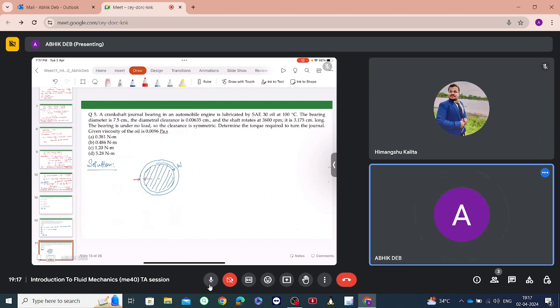As the shaft is rotating, this part is moving at a particular velocity. This part is stationary. So in between these two, the viscosity will play an effect where the velocity will increase from 0 to this velocity v.